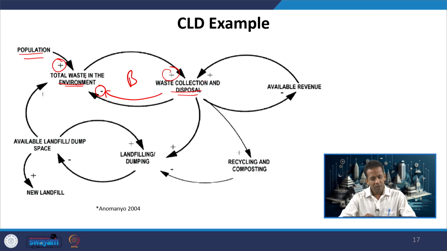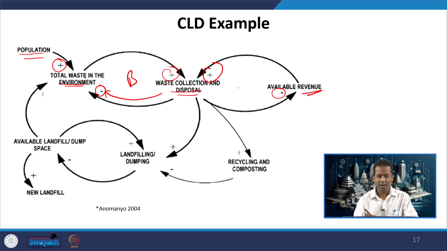Now, when we have more waste collected and available for disposal, it will come at some cost. So, if we do more collection and disposal, it will reduce our available revenue. But if we have revenue, we can do more collection and disposal.